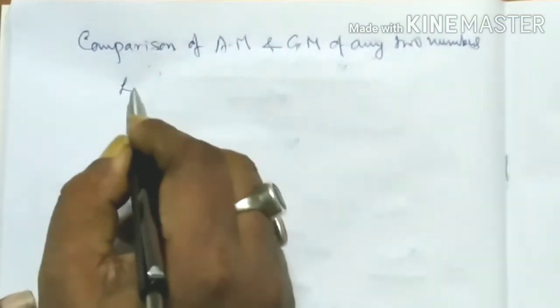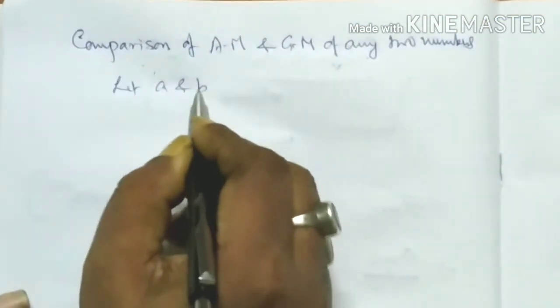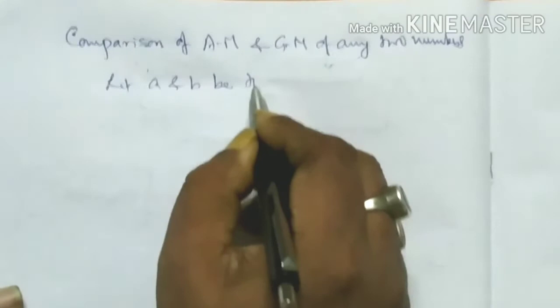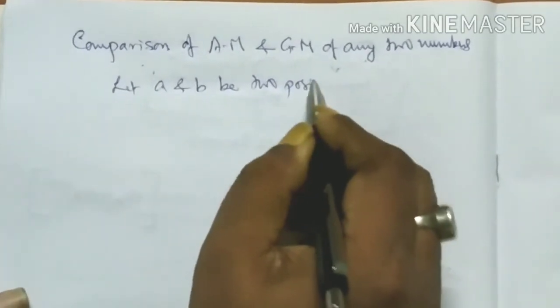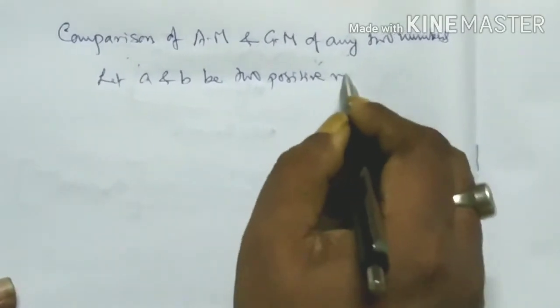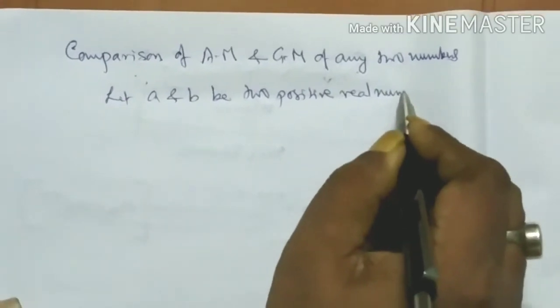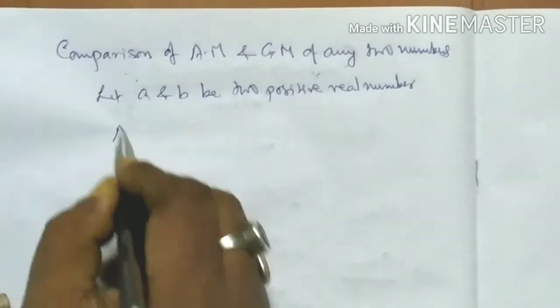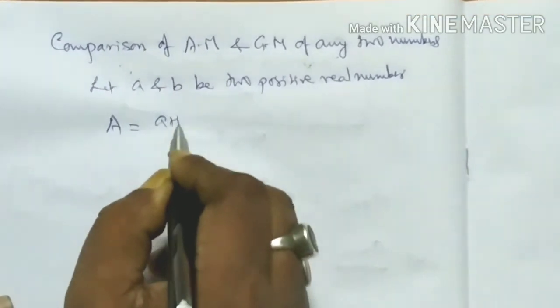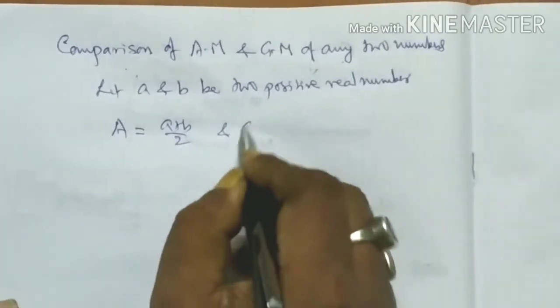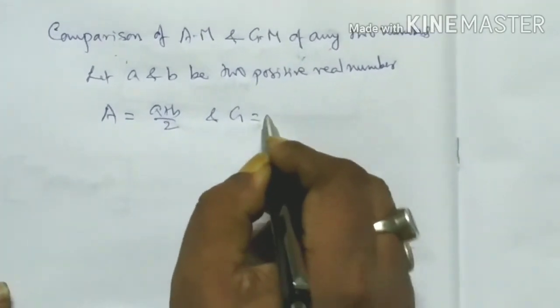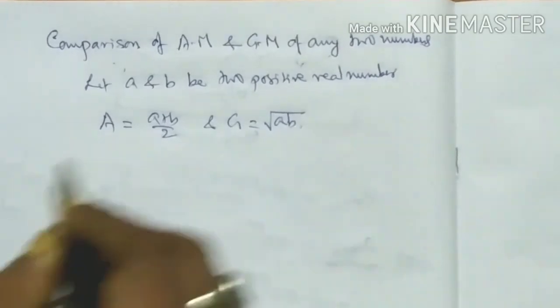Let a and b be two positive real numbers. Then their arithmetic mean is (a+b) by 2, and their geometric mean is equal to root ab.